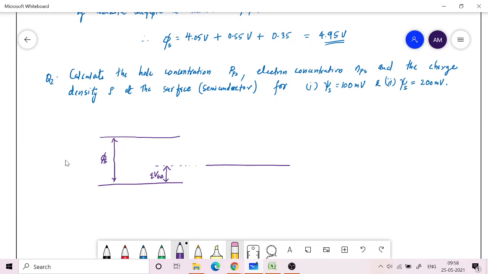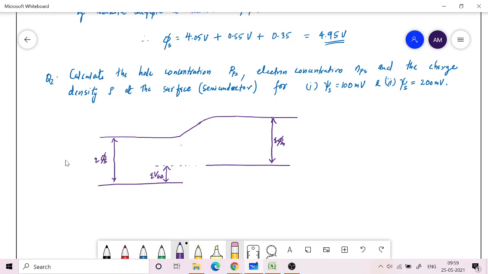And then there is going to be band bending like this, and there will be slight bending in the semiconductor also. So this is Q phi s and this is Q phi m, they are the same. That's the case that we are considering.